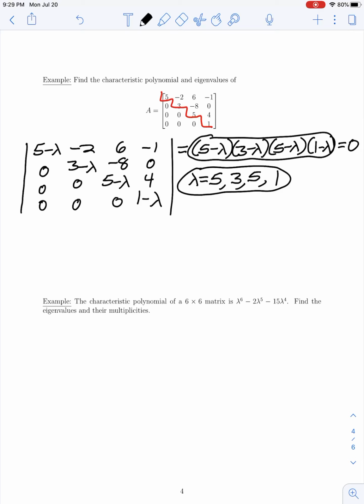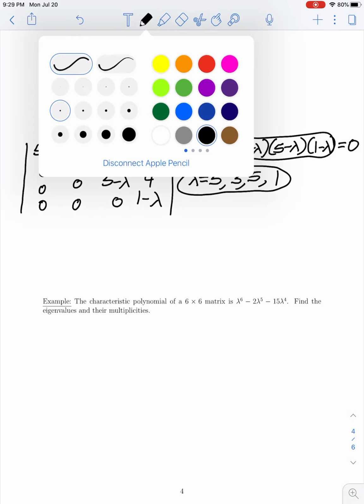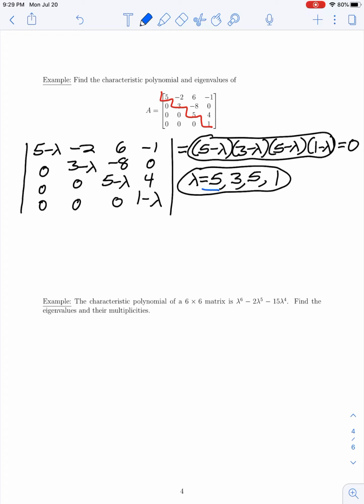So in some special cases, we can determine the eigenvalues of higher dimensional square matrices without using a calculator, but in general, using software is a better approach. Now notice in this example, the eigenvalue 5 appeared twice. That is, it was a double root of the characteristic polynomial.